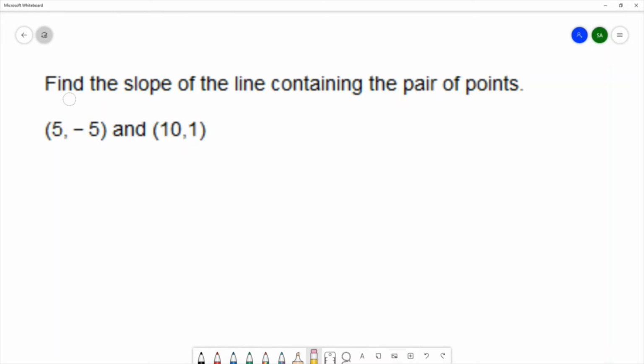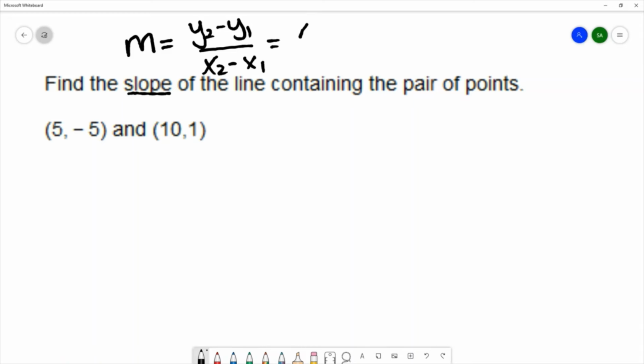In this question, we want to find the slope of the line containing the pair of points 5, -5, and 10, 1. The formula for calculating slope is y2 minus y1 over x2 minus x1.